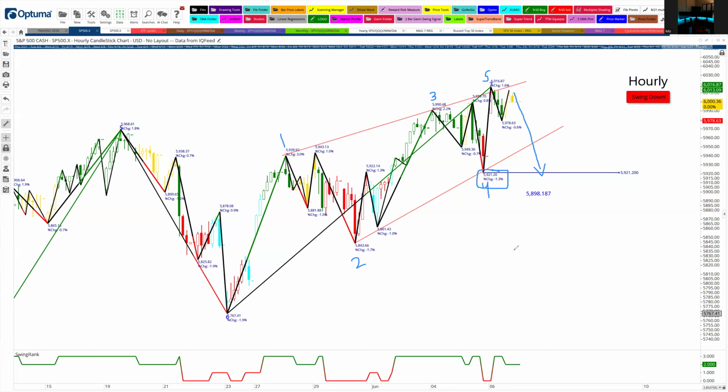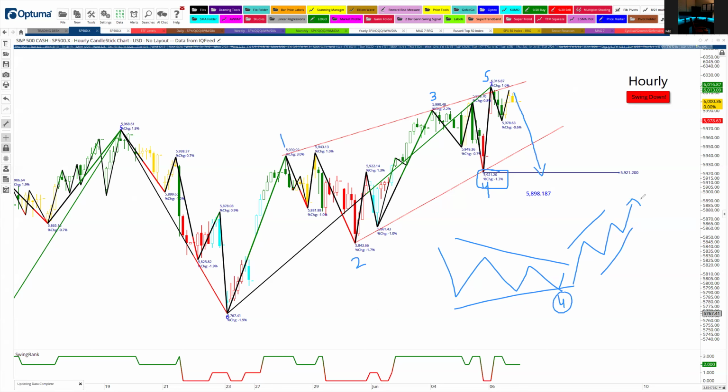Okay, so when you have a triangle, remember, triangles only form in wave four. They can never be anywhere else. So there are a lot of Elliott guys that always track triangles, because about 95% of the time you're going to have a fifth wave to the upside anyway.